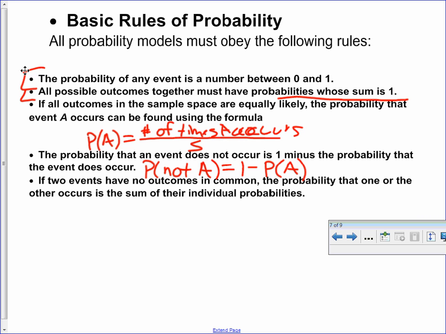If two events have no outcome in common, then the probability that either occurs is the sum of their probabilities.